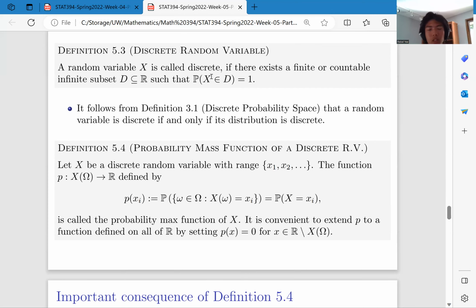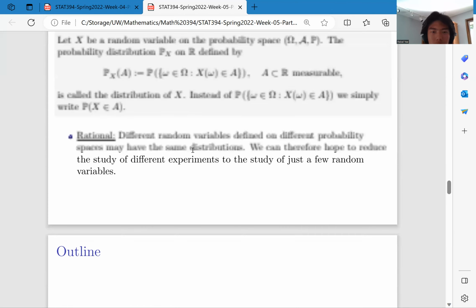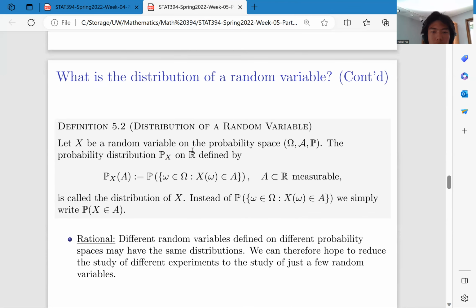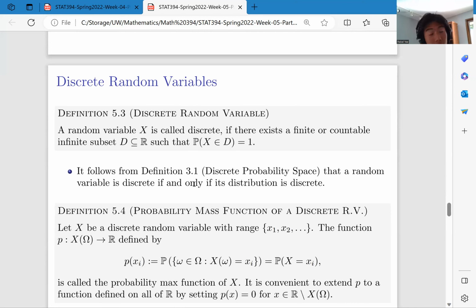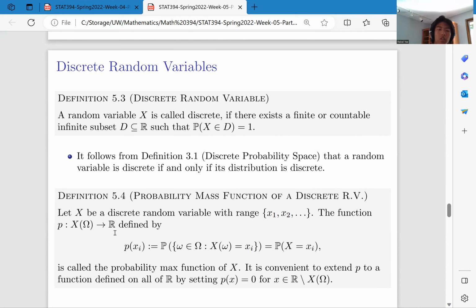And because we defined the distribution of a random variable, for a discrete random variable, which is the same as a discrete experiment in our lecture before, we can define a probability mass function. So let X be a random variable, and X is in the range x1, x2, and so on.